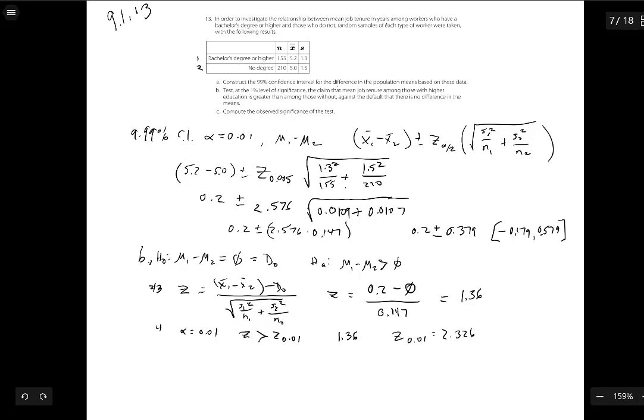So the critical region is 2.326 out to infinity. Our z is not greater than that.